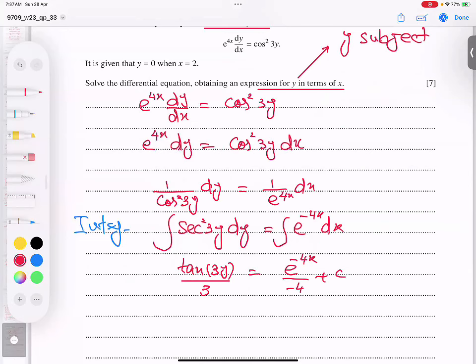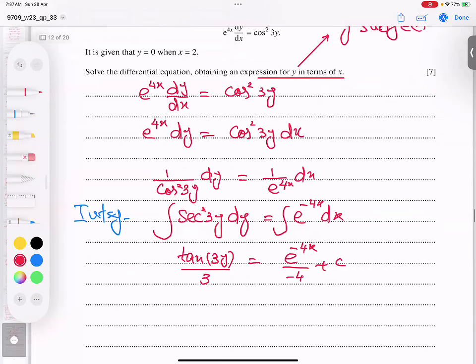Plus C is compulsory. Okay, now what is the next plan? I have to plug in these two limits, the initial conditions. I'll put y equals 0, x equals 2. So when I plug in 0 here, tan 0 is 0. So this is full 0. When I plug in 2 here, I get e to power negative 8 by negative 4.